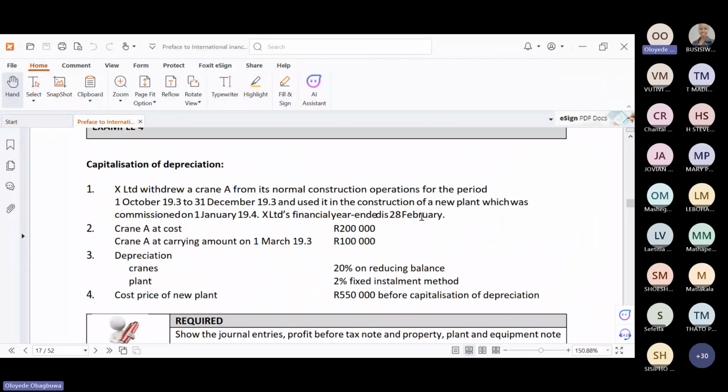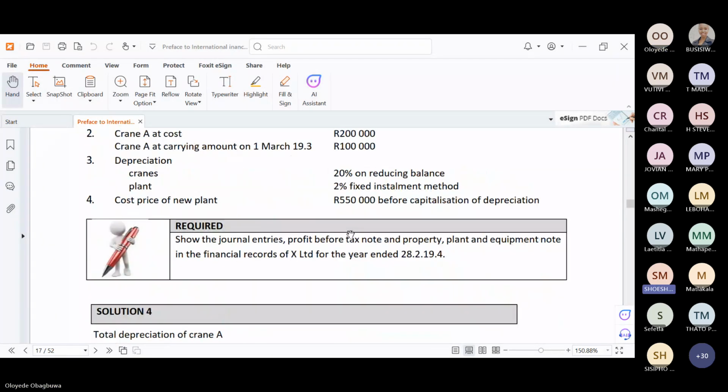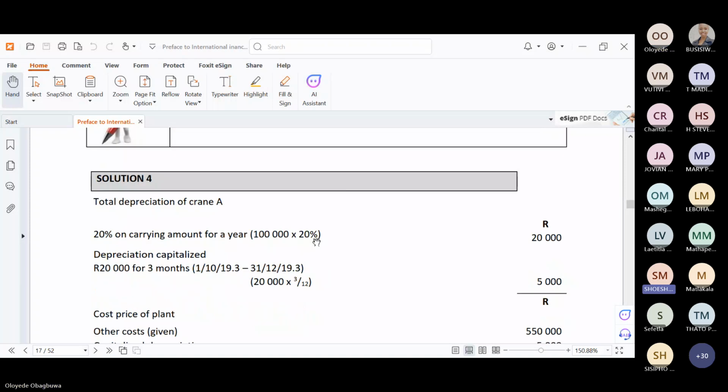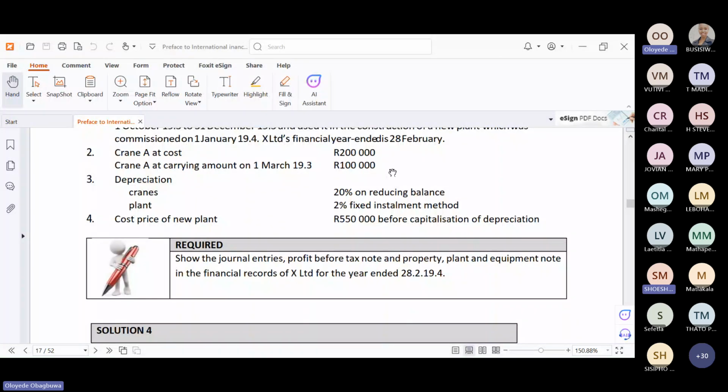So the question says the crane should be depreciated 20% on reducing balance method. The carrying value on 1st of March is 100,000 according to the question.